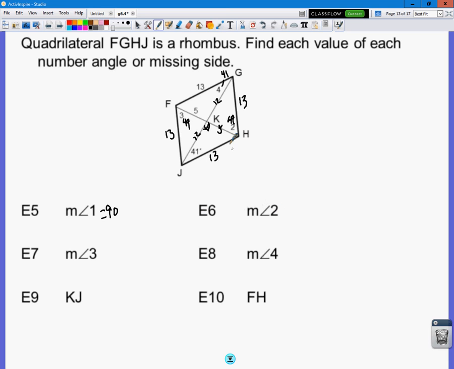Angle 2, 49. Angle 3, 49. Angle 4, 41. From K to J was 12. From F all the way to H is 10. We'd add the two 5s together.